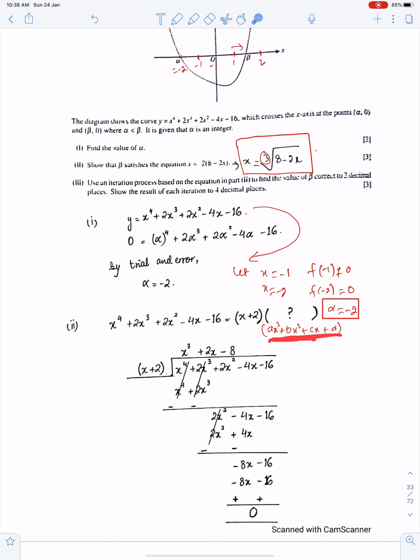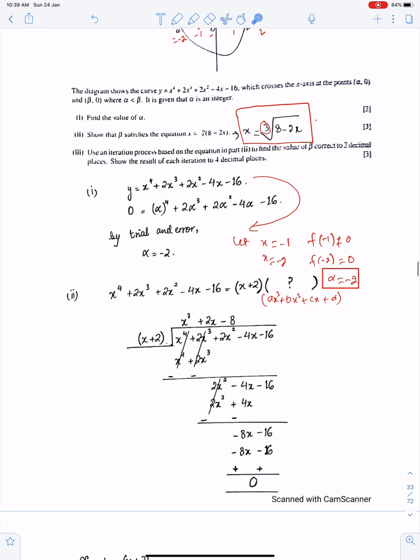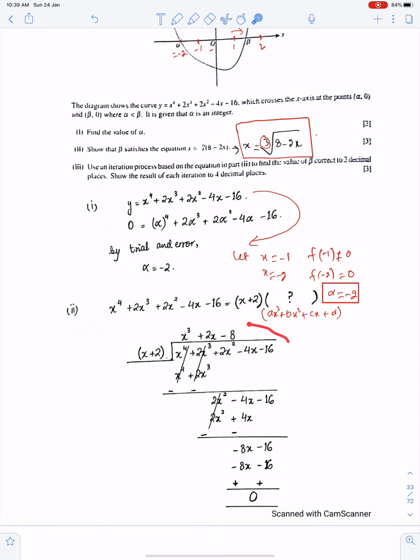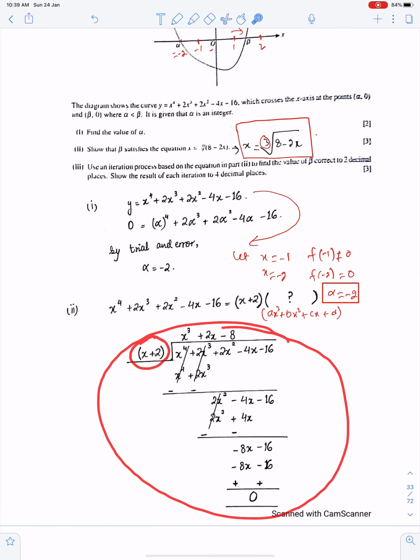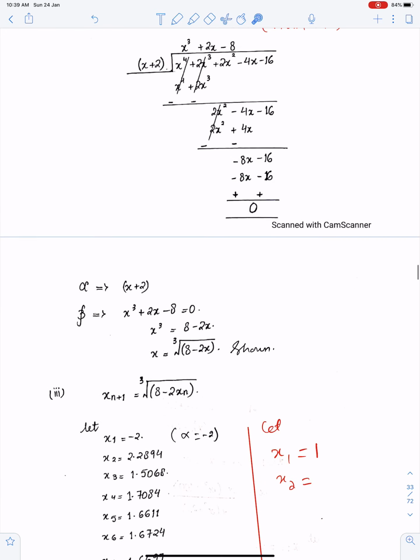Comparing the coefficients will be very difficult because we have 4 constants, so it will be very difficult to handle. I always use long division. So by using long division, with this factor x plus 2 on this polynomial, we have this quotient. By equating this quotient to 0, we can get the result. This is what we had to show.